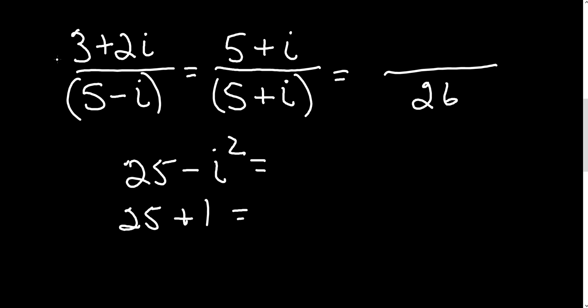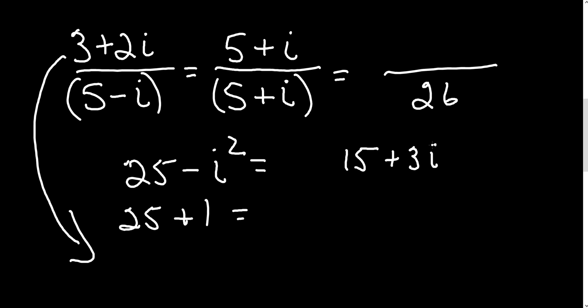Then when I FOIL the numerator here, what have I got? Well, let's bring it over here. I've got 15. Outside is positive 3i. Inside is 10i. Last is going to be positive 2i squared.